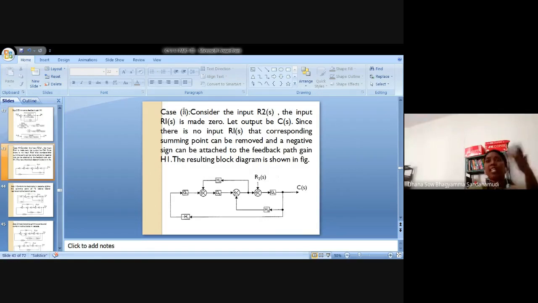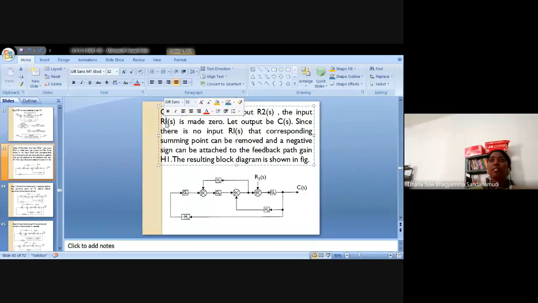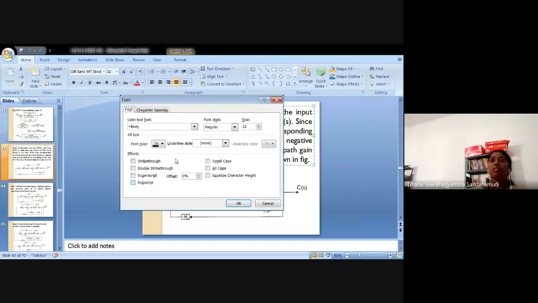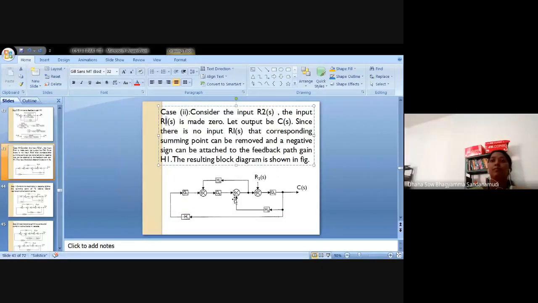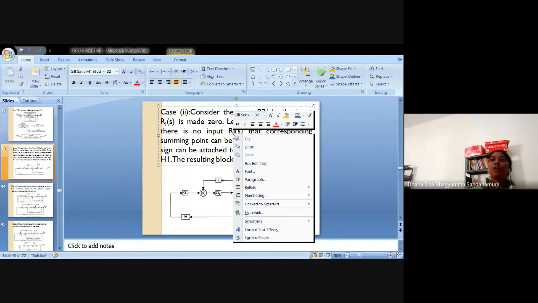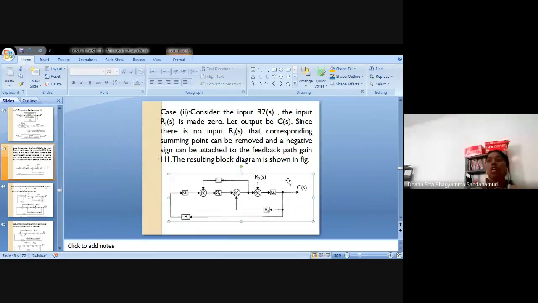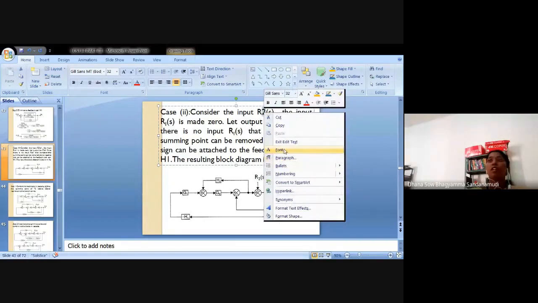Okay, it was case 1. Now this is case 2. One minute. So case 2, what you have to do is, you have to consider second input R2 and you have to assume R1 of S is 0.